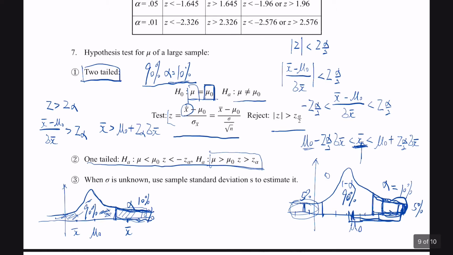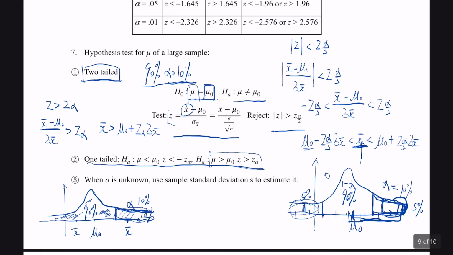Therefore, if you think of hypothesis testing in this way, it's quite easy to understand, right? You're just constructing a confidence interval, and if your hypothetic value for the population mean lies outside your confidence interval, then that value should be rejected, should be discarded, right?